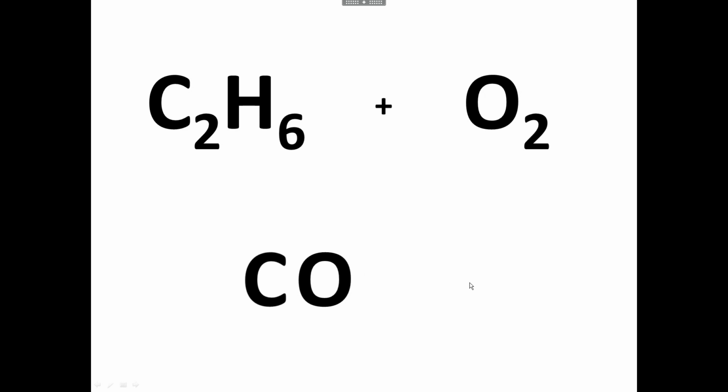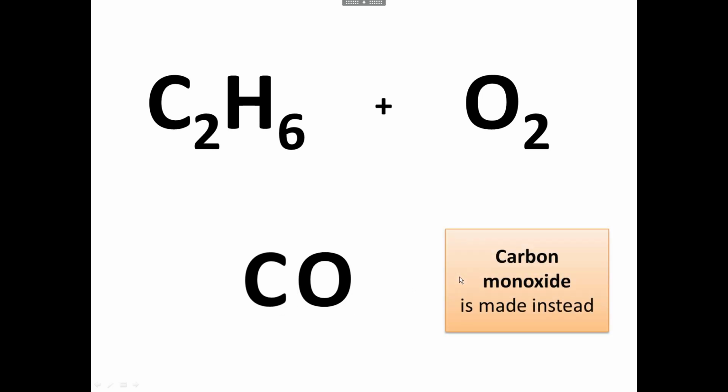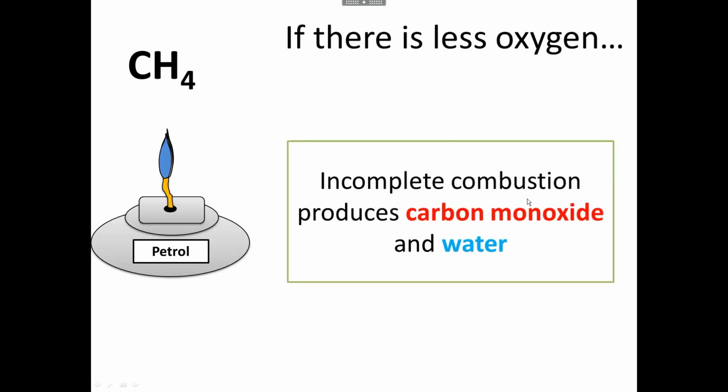So if there's not enough oxygen to make CO2, it makes CO instead, carbon monoxide. Now that's a problem. We'll get to that in a moment. But we call this incomplete combustion. So if there's less oxygen, not enough oxygen for complete combustion, it does incomplete combustion instead. The fuel still burns, but because there's less oxygen, it makes carbon monoxide and water instead.